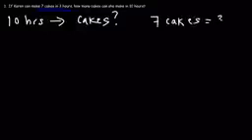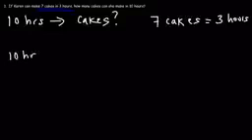Now, in order to find the answer, we need to identify the conversion factor. So now that we've identified the problem, what is the conversion factor? The conversion factor is basically, in this example, the rate at which she can make cakes. She can make 7 cakes in 3 hours. So to keep things simple, we're going to say 7 cakes is equal to 3 hours. So now let's convert. Let's start with what we're given, which is 10 hours.